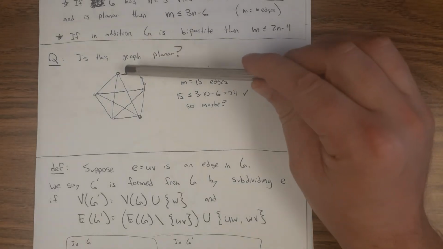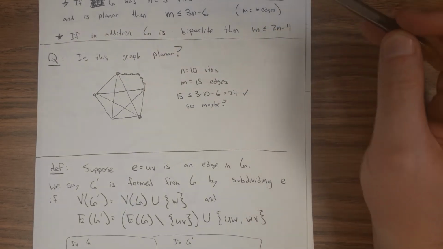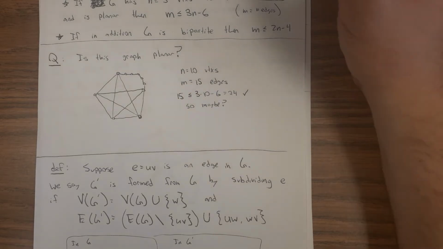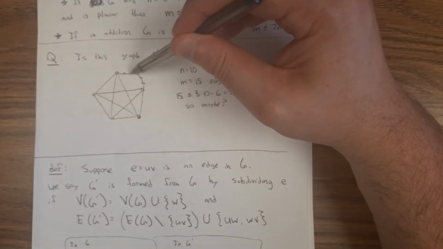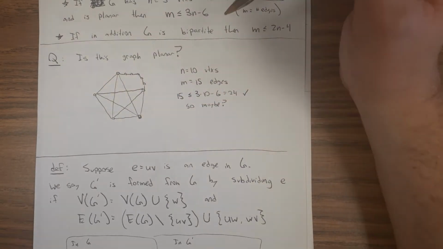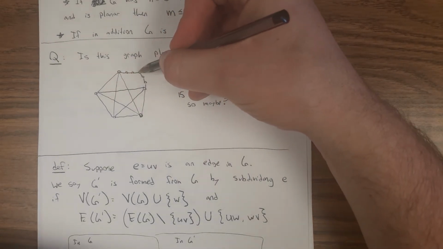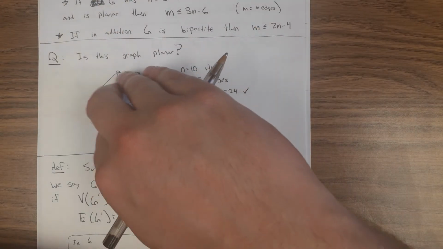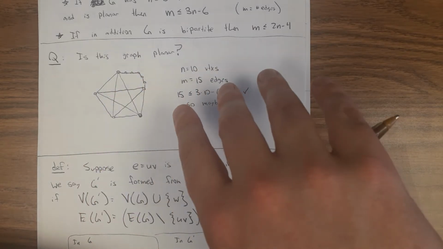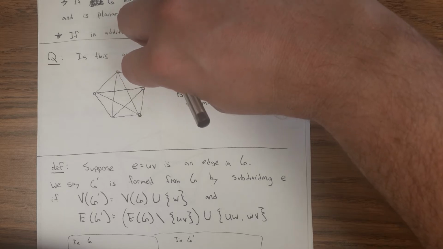The reason is, and I'm going to get more formal about this, this graph is a subdivision of K5. If I were able to, okay, think about it this way. If I were able to draw this graph in the plane without crossing any edges, then I could draw K5 in the plane. Because however this long path gets drawn, I could take the drawing of this graph and turn it into a drawing of K5 just by erasing these vertices.